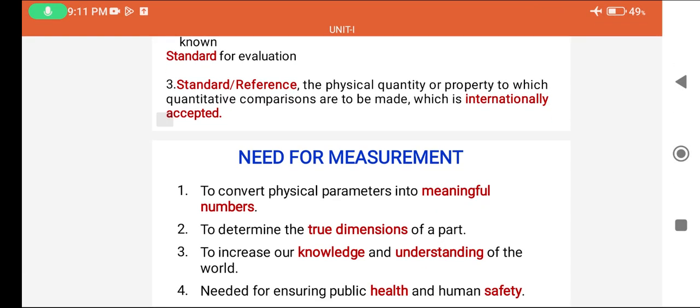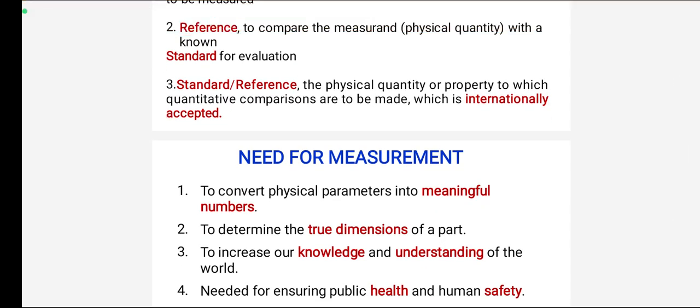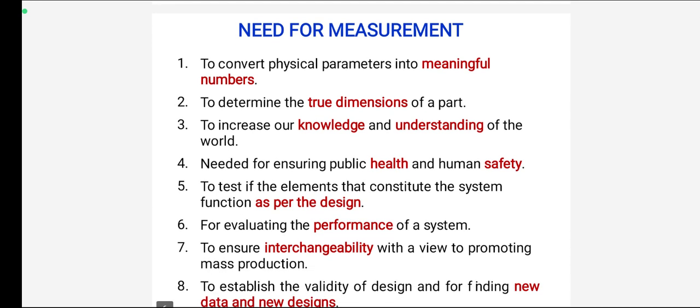And next we go for the need for measurement. The first need is to convert physical parameters into meaningful numbers. Second, to determine the true dimension of a part. Third, to increase our knowledge and understanding of the world. Fourth, needed for ensuring public health and human safety.